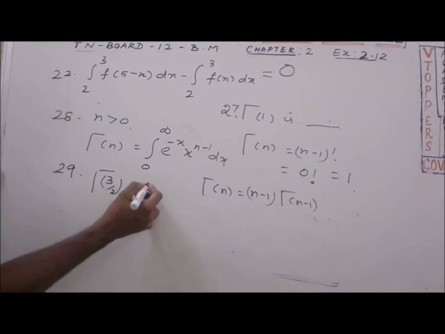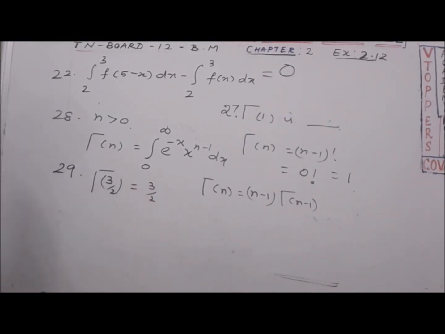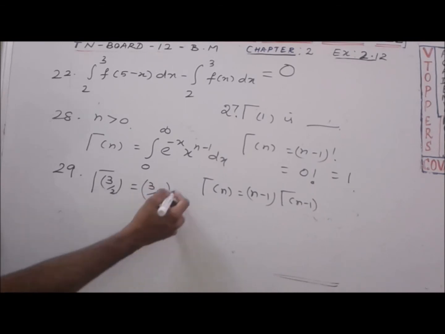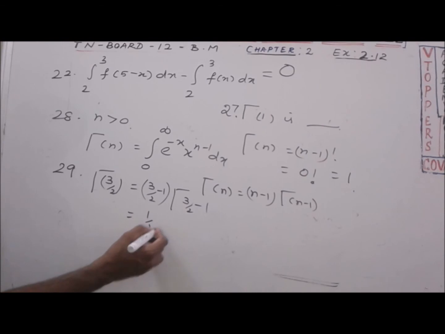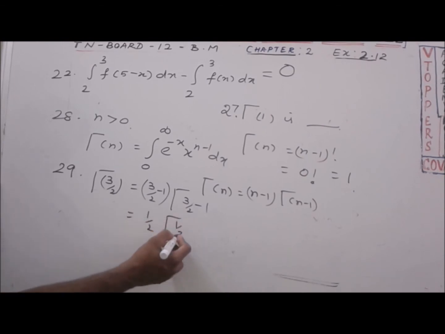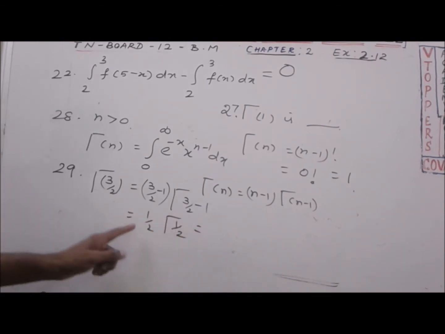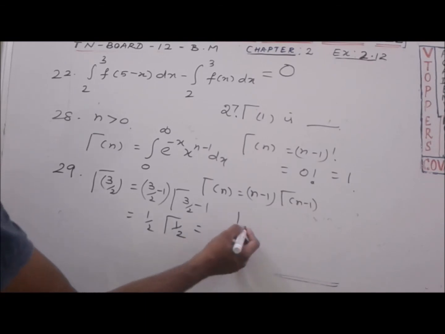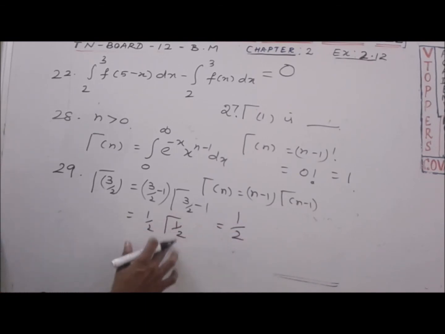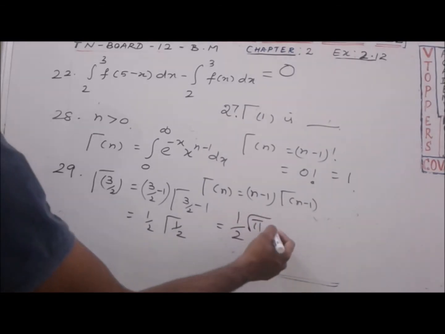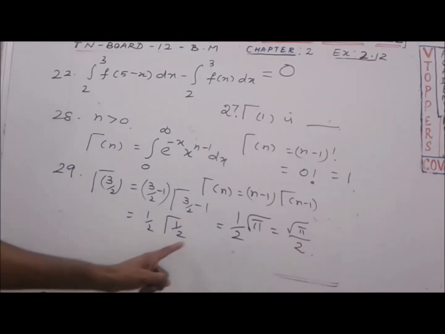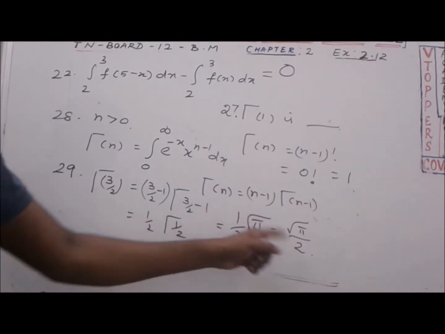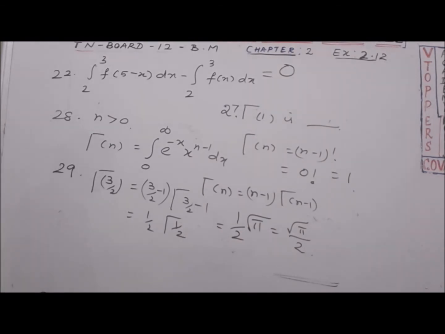Substituting in it 3 by 2 minus 1, gamma of 3 by 2 minus 1, that is equal to 1 by 2 into gamma of 1 by 2. For gamma of 1 by 2 we have a result: gamma of 1 by 2 is root pi, so 1 by 2 into root pi is root pi by 2. Option B is correct.